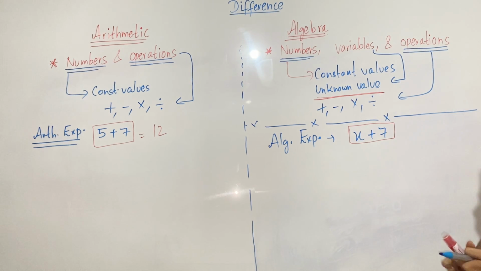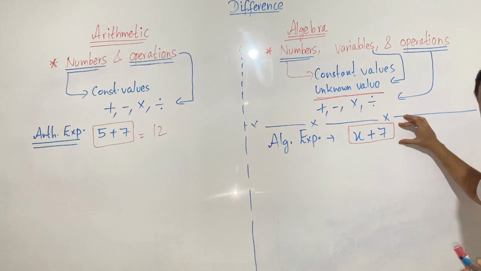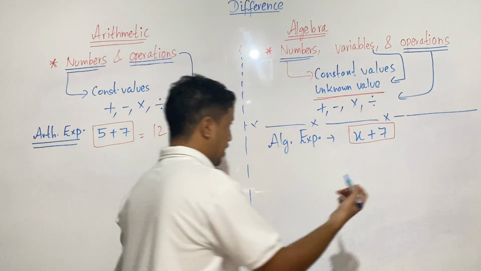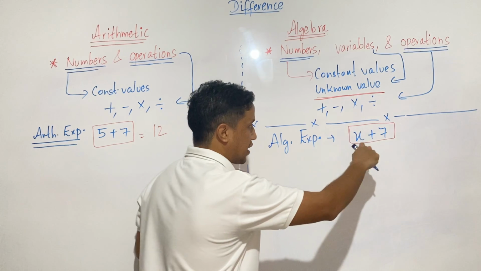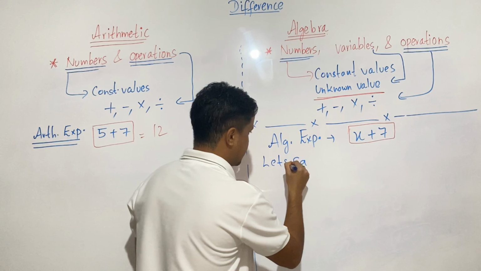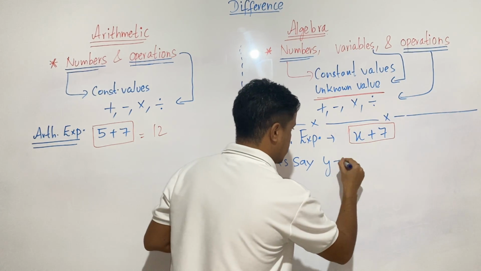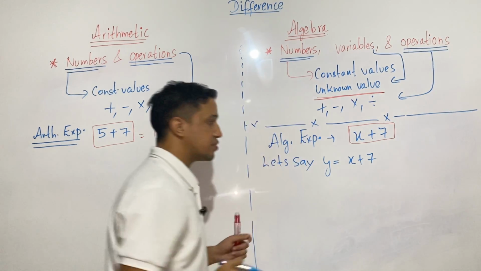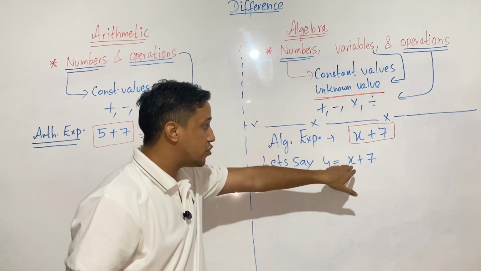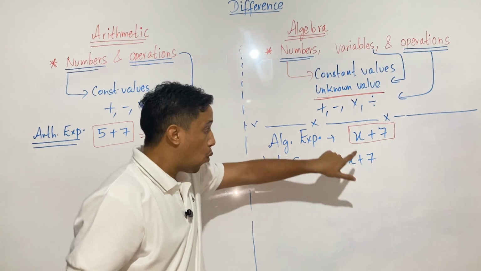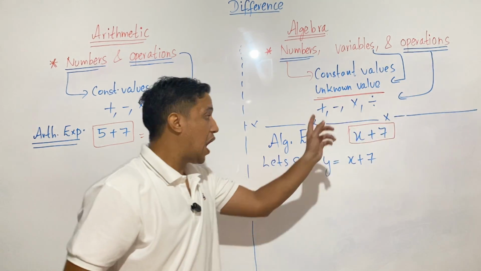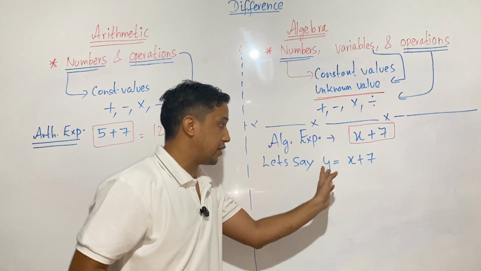In this case, what we have to do is, let's suppose that y is equal to x plus 7. For any value of x, whatever value this expression x plus 7 will take, I represent that value as y.